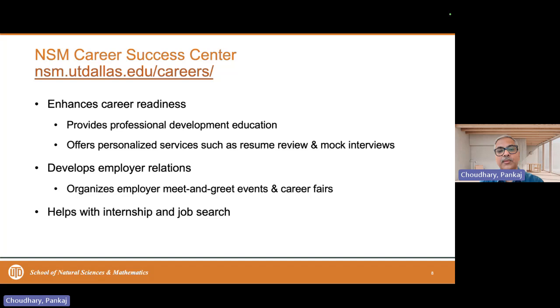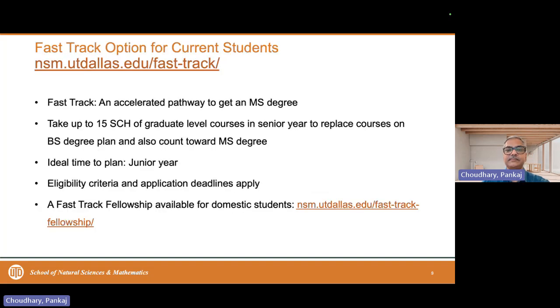The other is to develop employer relations on behalf of our students and alumni. Through these relationships, they organize employer meet and greet events and career fairs, and they are also able to help you with internship and job search. So we have this career success center within our school to make you career ready and help you with internship and job search.